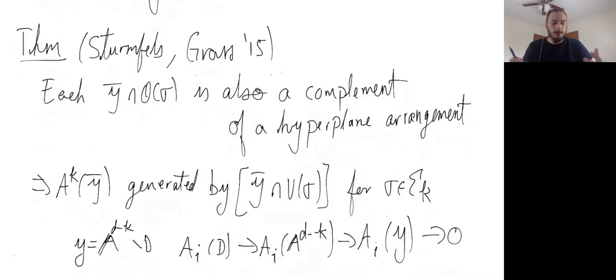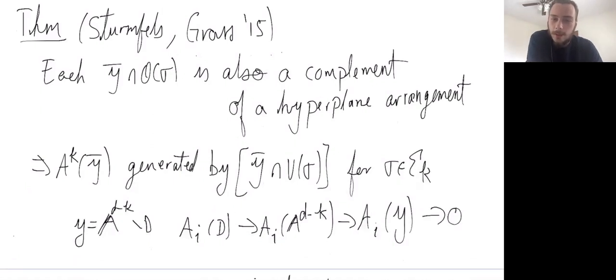So then this gives a sort of recursive description of the strata of this compactification, but in particular, it implies that the Chow groups of y bar are generated by the classes of the closures of these torus orbits.